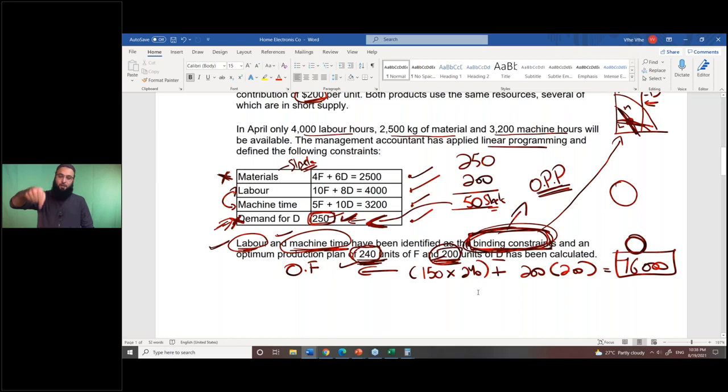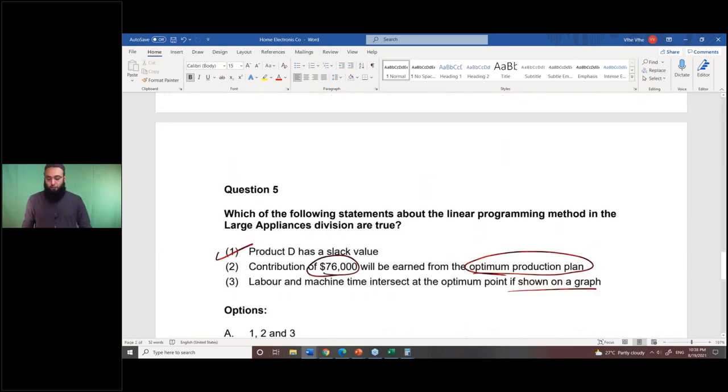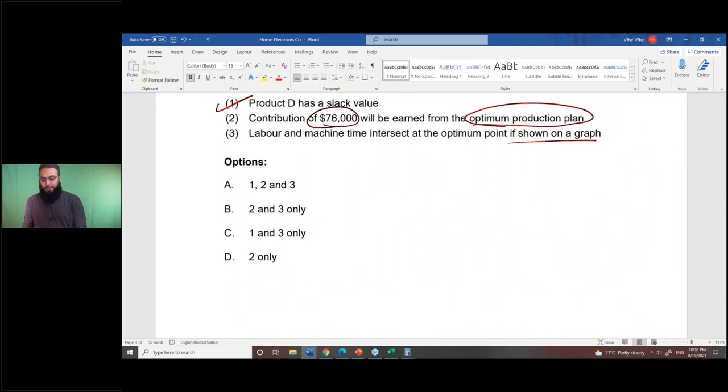The optimum point is there because on the basis of these two you worked out the answer, at the intersection point. So yes, exactly, and A is the answer. All three are correct. Right, everyone?